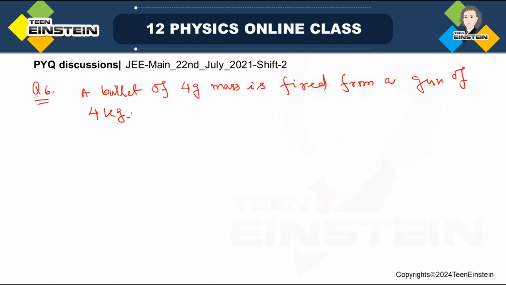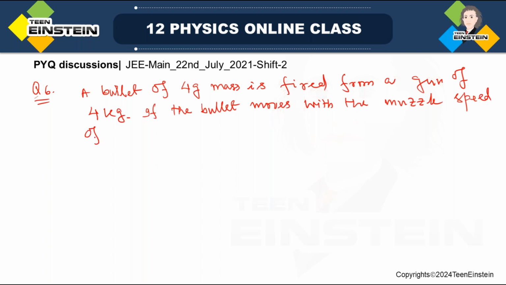If the bullet moves with the muzzle speed of 50 meter per second, the impulse imparted to the gun and the velocity of recoil of the gun are... So you have to actually find out two parameters here.